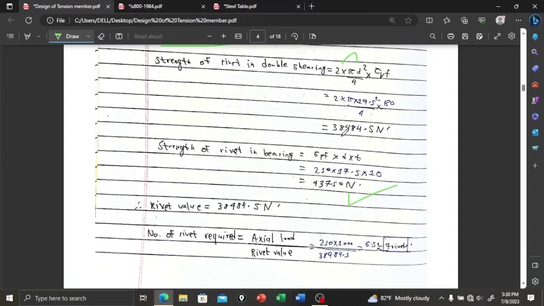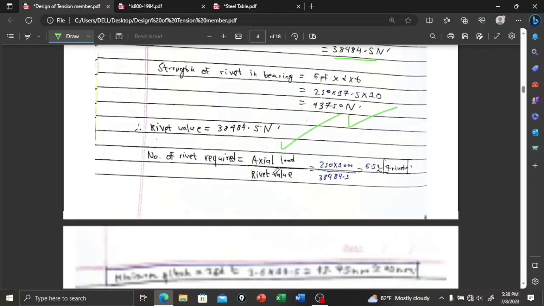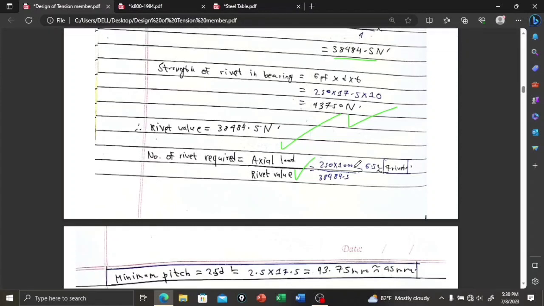The rivet value is the minimum of the two, which is 38484.5 Newton. The number of rivets is force divided by rivet value. Force is 250 kilonewton. To convert it to Newton, we multiply by 1000, and dividing by the rivet value gives 6.52. So we must round up to be safe.